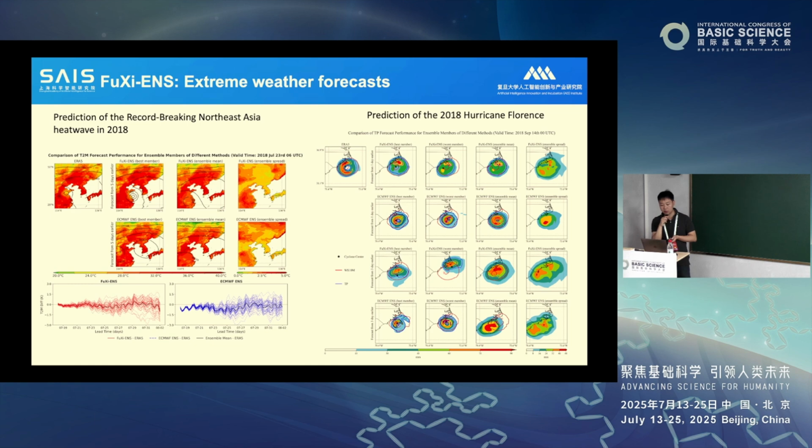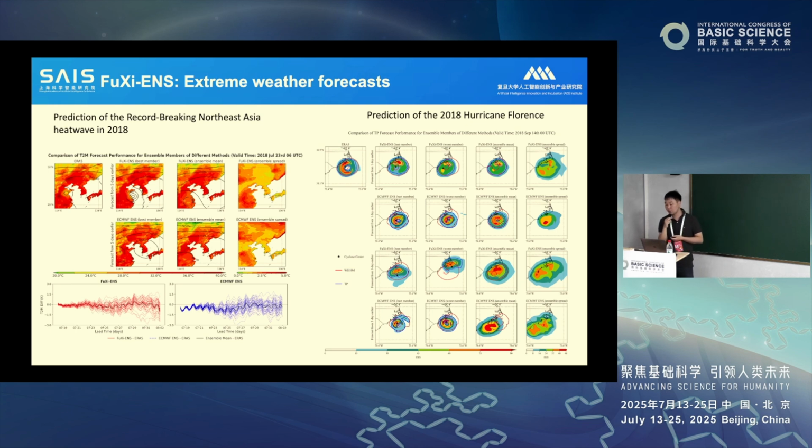There are also some other extreme events, for example, heat waves. We evaluate heat wave events in 2018, and FuXi shows very comparable performance to the ECMWF ENS.